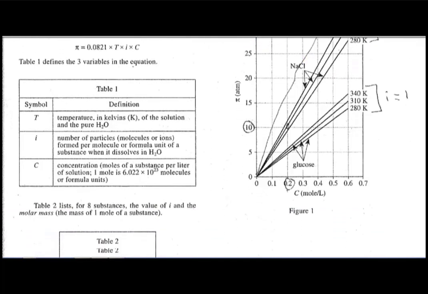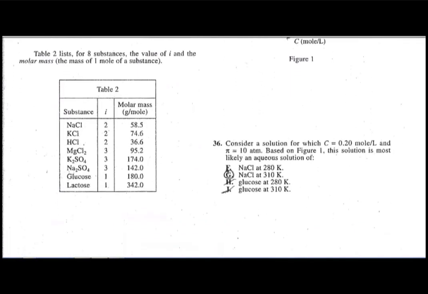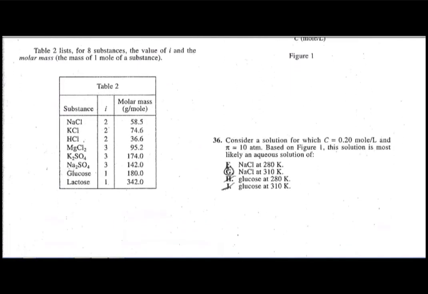Let's take a look at table 2 and look at the difference between glucose and NaCl. First of all, you see NaCl here, and it has an I value of 2. Then you look at glucose. Glucose has a value for I of 1. Well, when you double 1, what do you get?